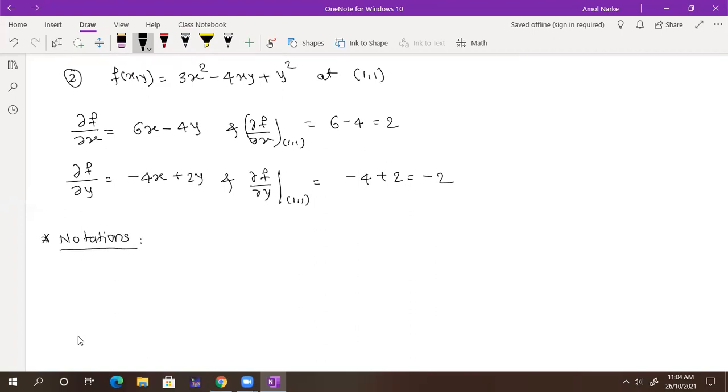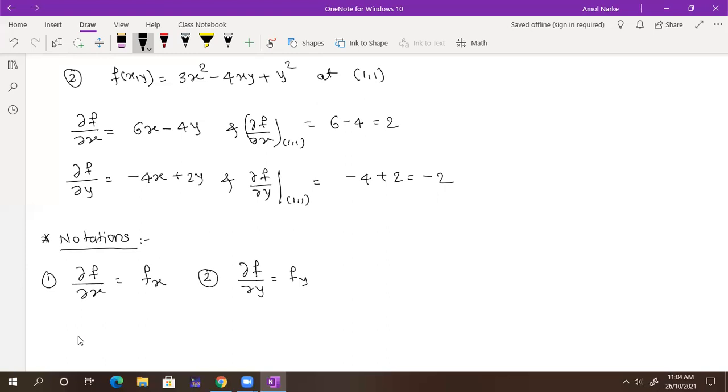So we write down the notations. Now we have different notations. The partial derivative of f with respect to x we also denote by fx. That is the first notation. The second notation, in the same way: the partial derivative of f with respect to y we denote by fy.